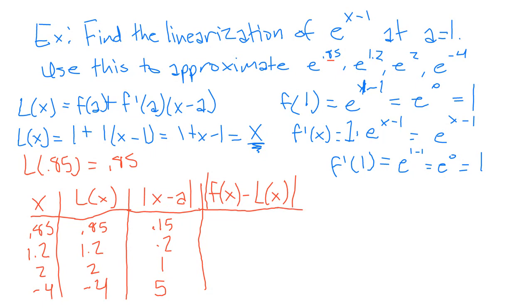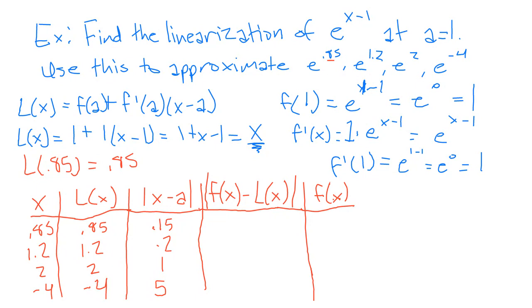So let's go ahead and look. And just to make things a little easier, I'm going to add a last column with our f of x, just so we can actually see what we're looking at. I've already plugged all these into a calculator for our f of x values, and we can compare these in just a second.